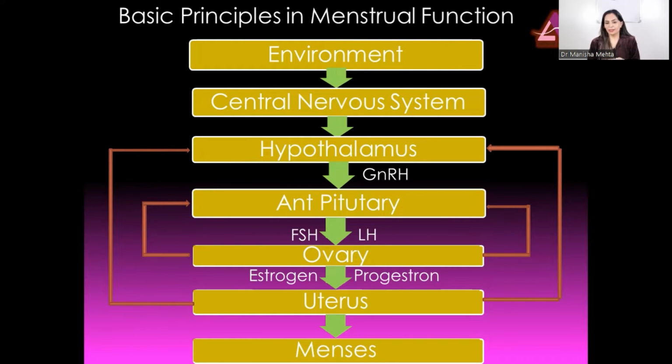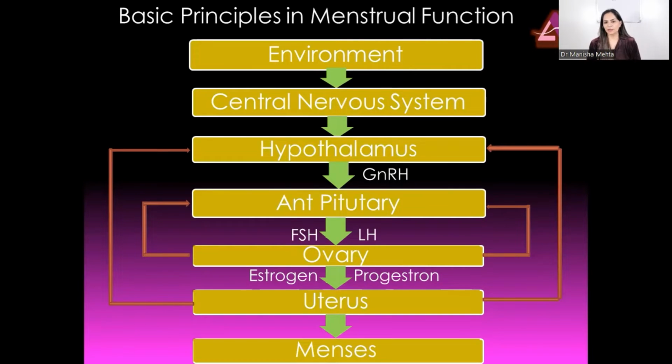And then this estrogen and progesterone have effect on uterus as well, so that in the initial part, the uterus will form the endometrium, and after the ovulation has occurred, there is a release of progesterone from the ovary. Now this progesterone is going to help implantation, but suppose if the female is not planning a pregnancy, then after 14 days of ovulation, we all see menses.